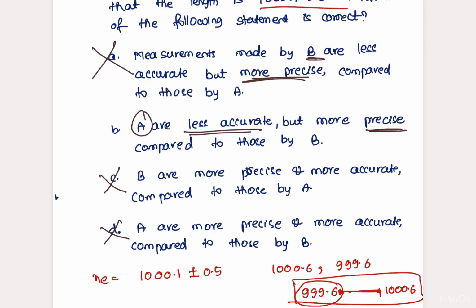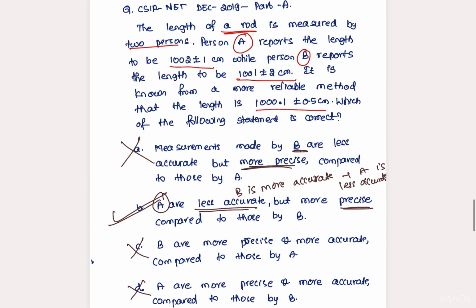And because B is more accurate, A is less accurate. Therefore option 2 is the correct option. So this is how we can solve problems on accuracy and precision.